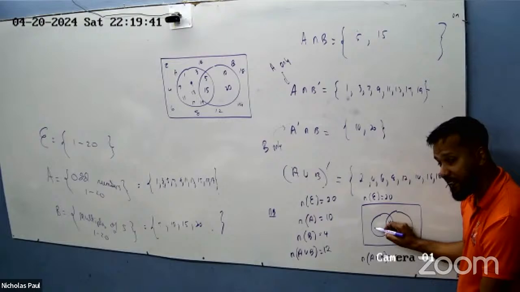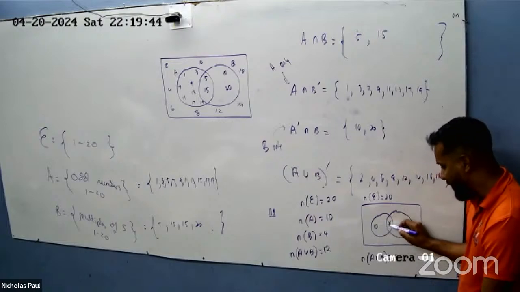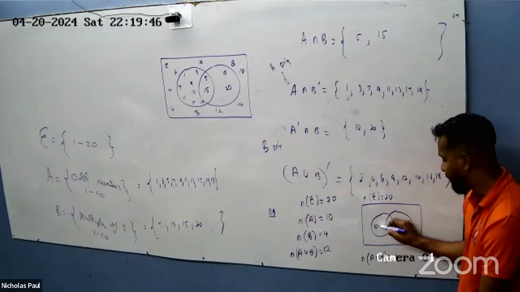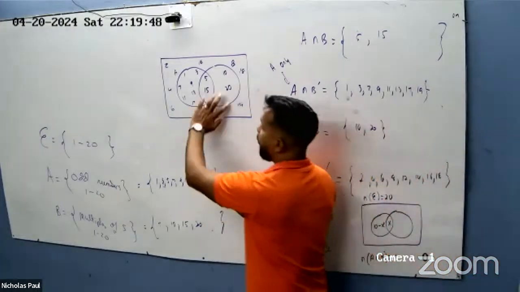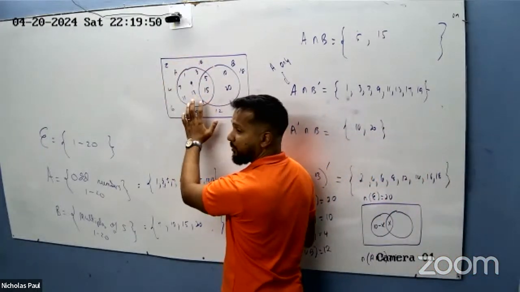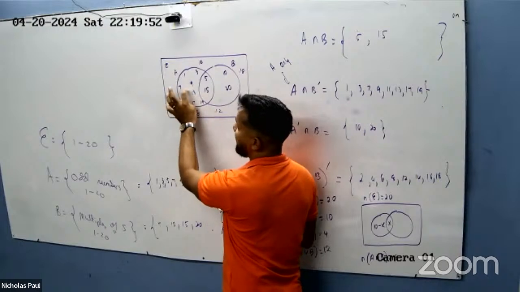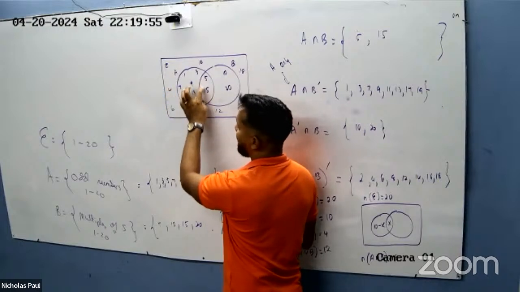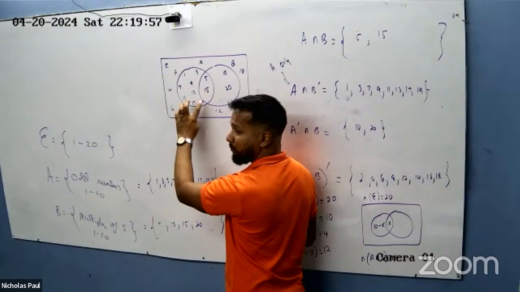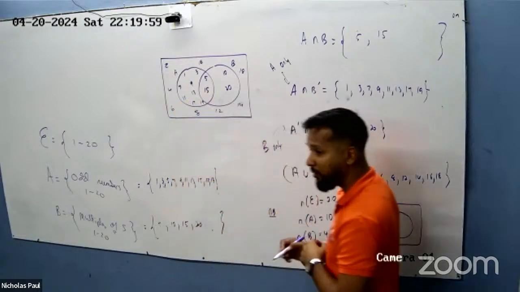So I should ideally write 10 minus x here. This whole circle has 10 elements, so the number of elements in A only will be 10 minus x. That's okay?